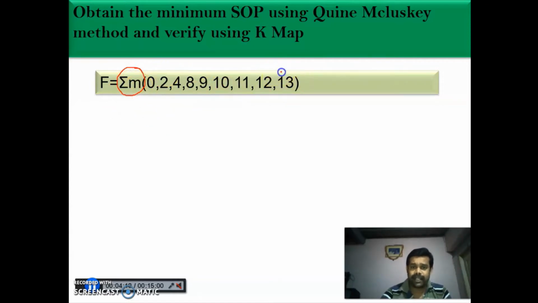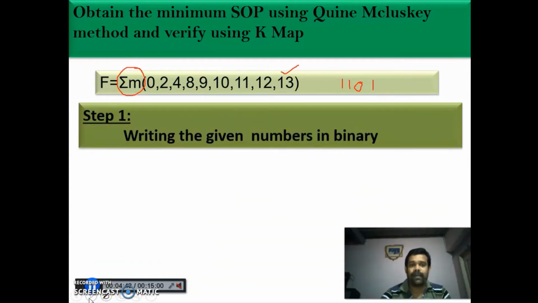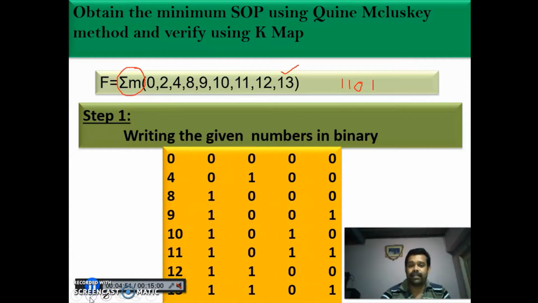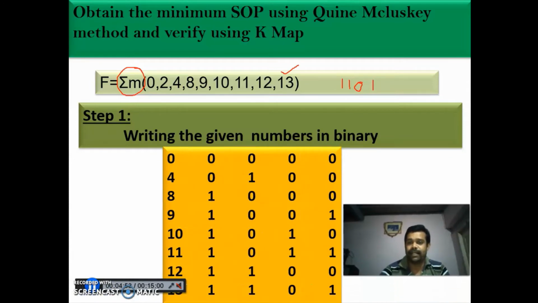Now, in this question, the highest number is 13. To represent 13, how many bits do you need? Minimum 4 bits. So you need 4 variables to represent these minterms. In other words, all the minterms should be represented using 4 bits. The first step is to convert these minterms into binary.